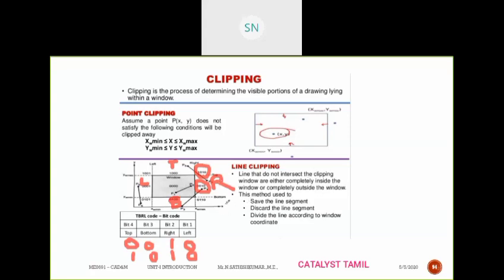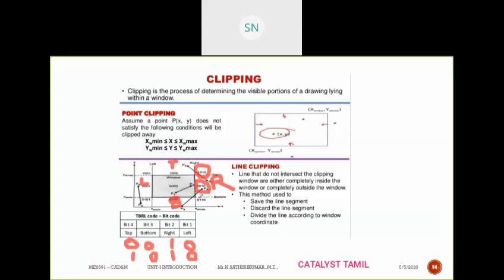You could notice that some of the endpoints of the lines are completely lying outside the window, like P5 and P6, but some are lying completely inside the window, like P1 and P2. Similarly, you could also notice some lines crossing the window.